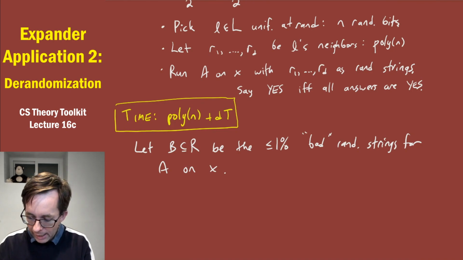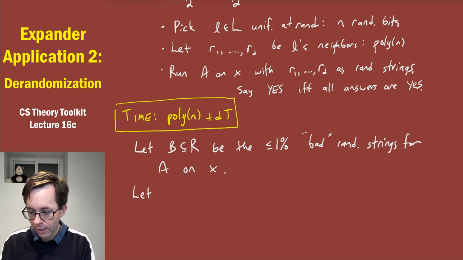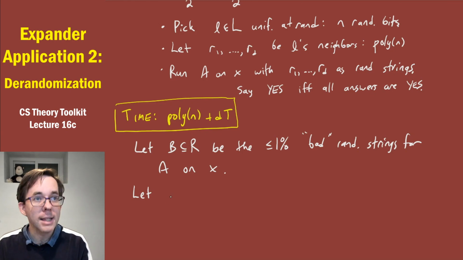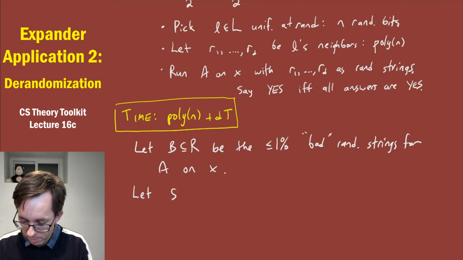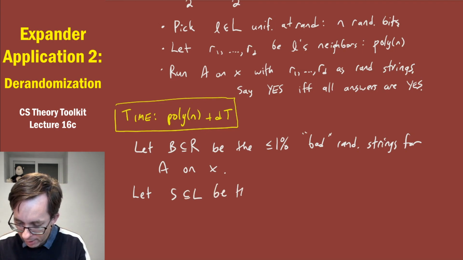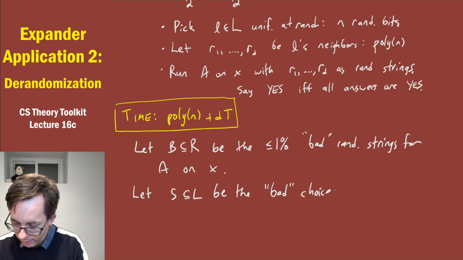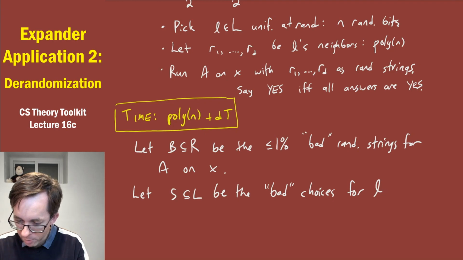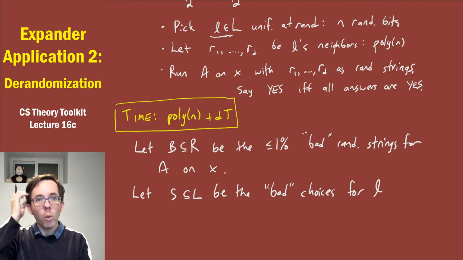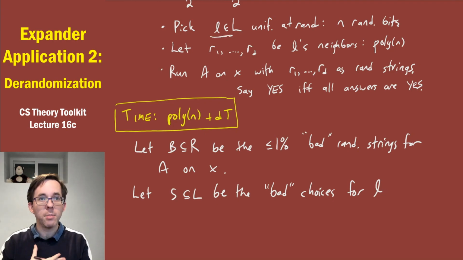And now, in order to analyze the probability, let S be a subset of L, the set of bad choices for little l. Remember this is little l here. And what does it mean for the initial choice little l to be bad?